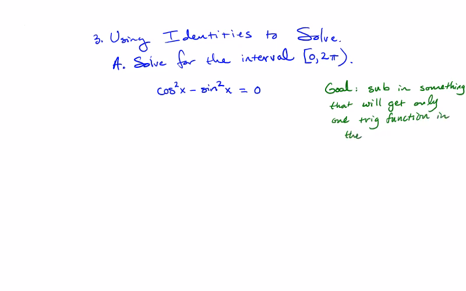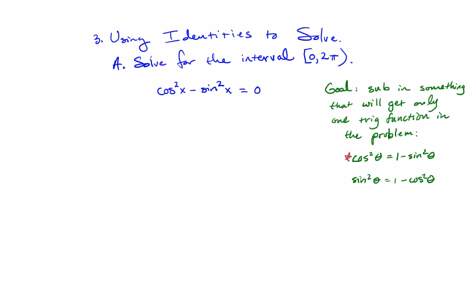So in this case, you've got two roads you can go. You could go with the fact that cosine squared of theta is 1 minus sine squared, or if you remember, sine squared is 1 minus cosine squared. So either way, you don't want to do both because then you're just back to where you started, but you do want to do one of them.